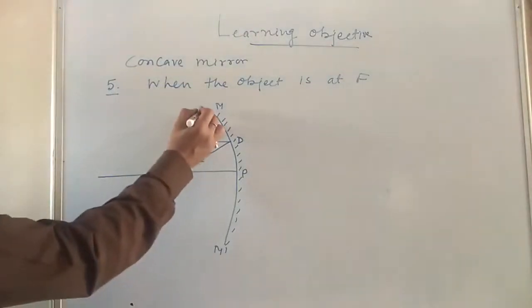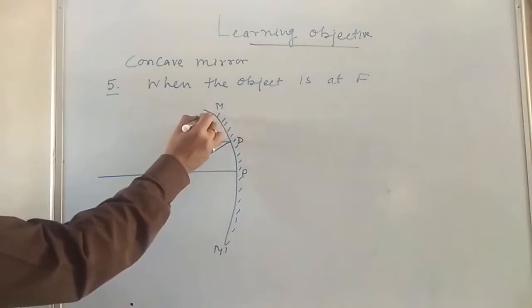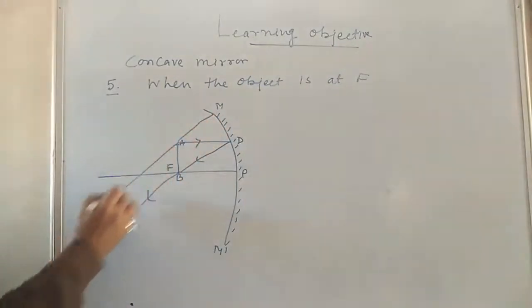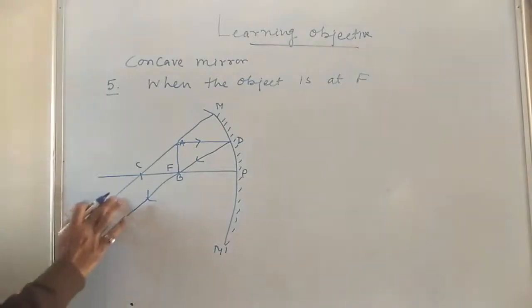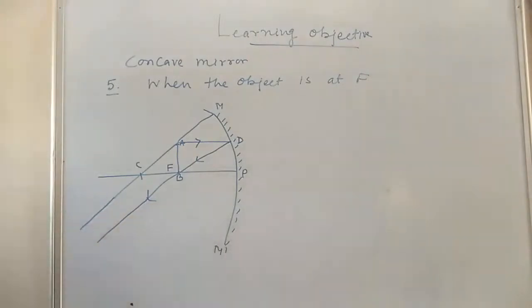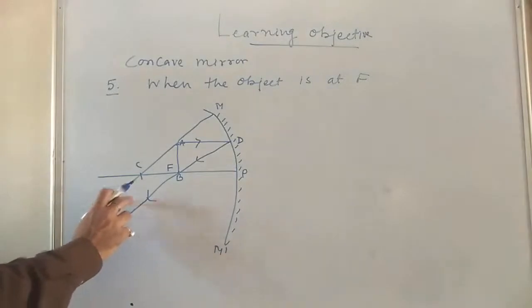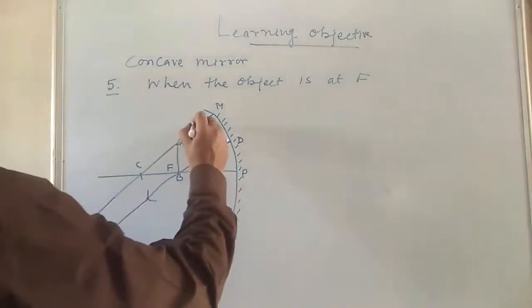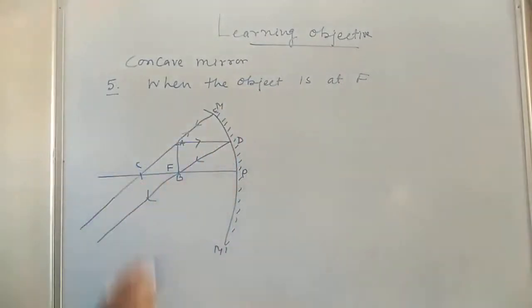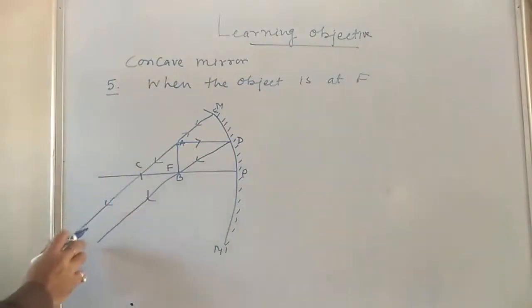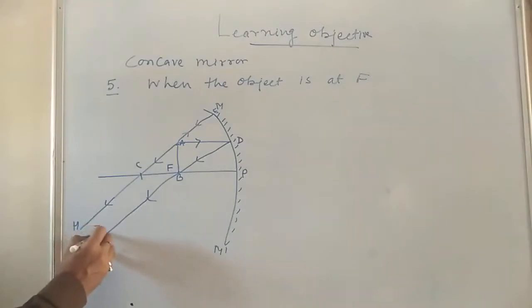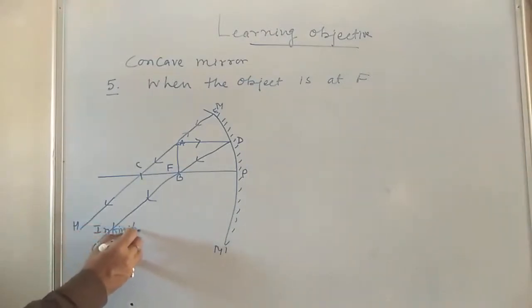Another ray passes through the center of curvature here. Take a scale. Another ray which is going along AE, passes through the center of curvature, retraces the same path, and the image is formed at infinity.